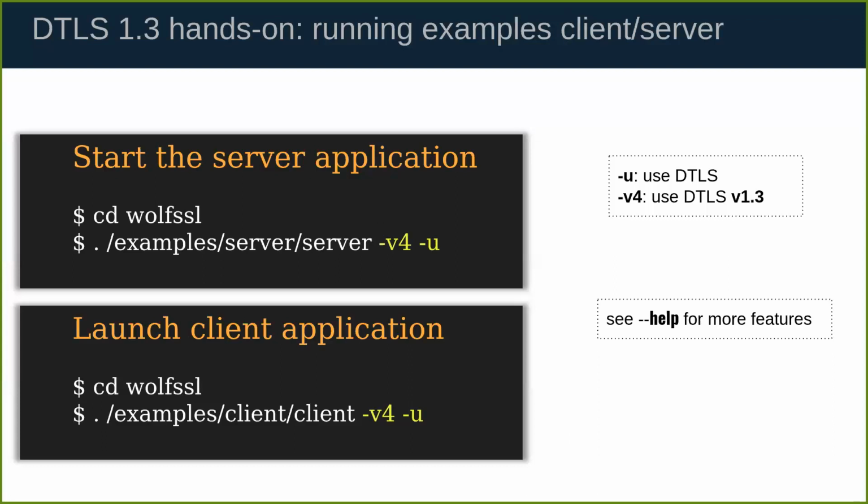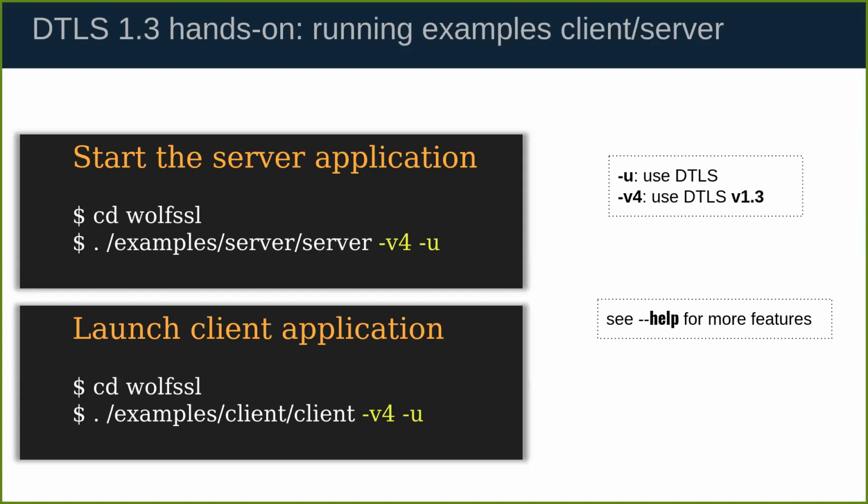So to run DTLS 1.3 using the wolfSSL apps tools, just run in parallel the example server using -u to enable DTLS and -v4 to enable DTLS 1.3.